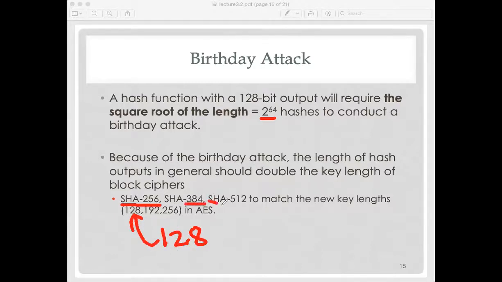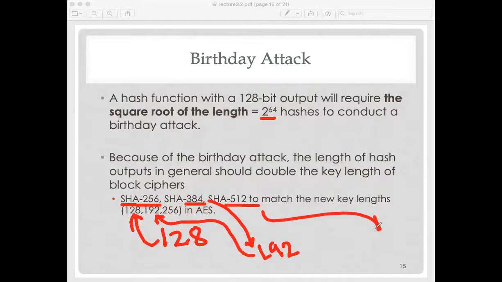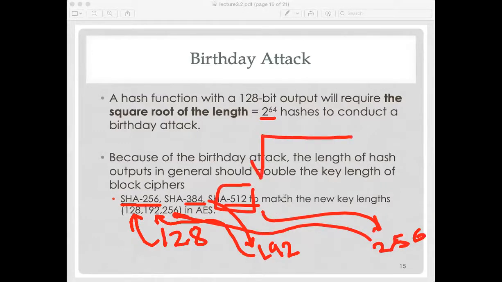A SHA-384 will give me 192, which equals a 192-bit key AES. A SHA-512 will give me 256, which is equivalent to having AES of 256. So always you divide this by half, because actually you're taking the square root of the number of possible outcomes.